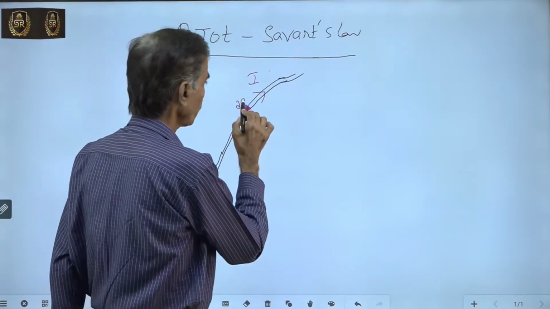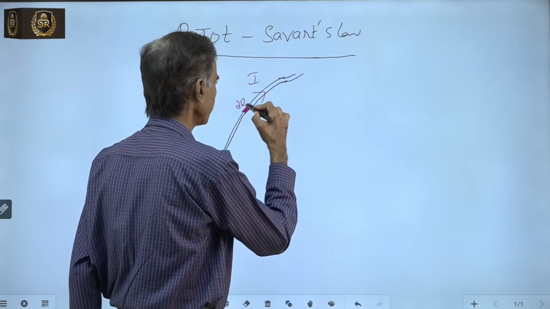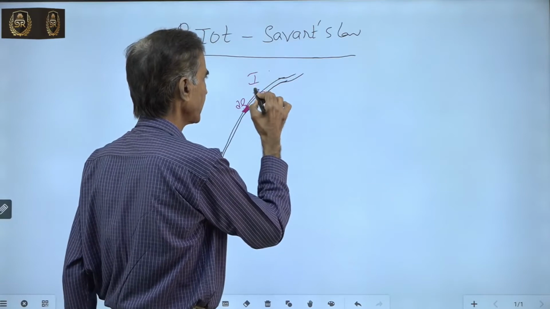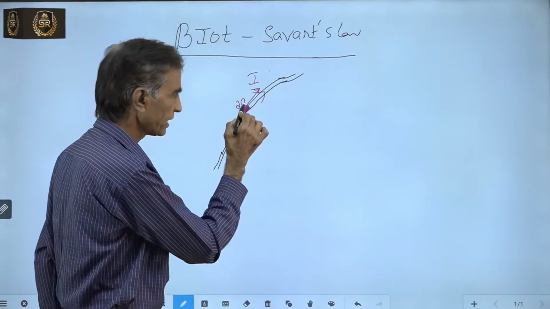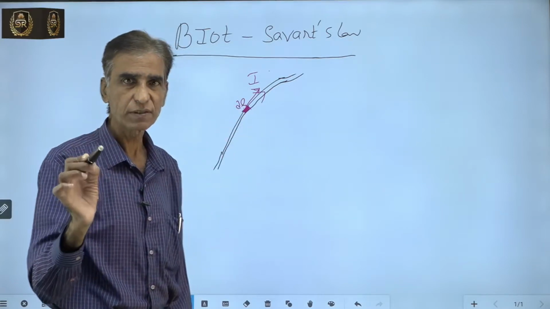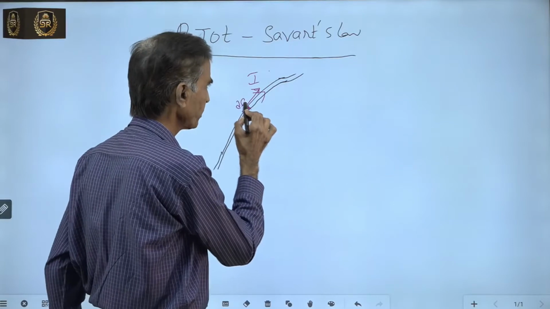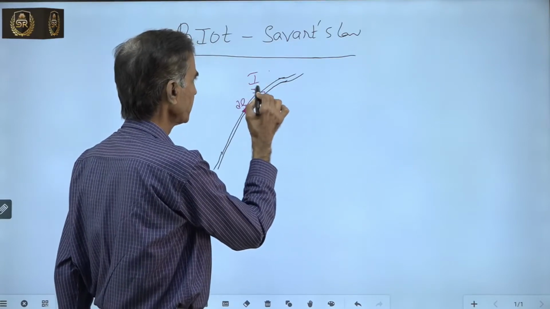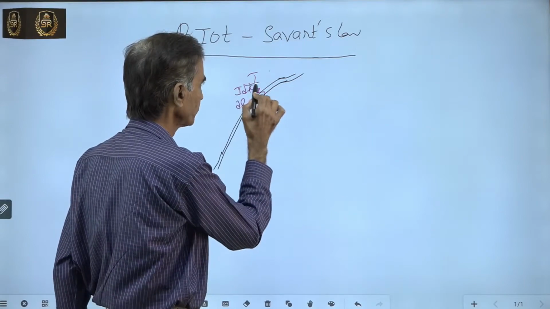To know the direction, we draw a tangent in the direction of current at this point, since the element is just like a point. Therefore, this is our current element IDL.